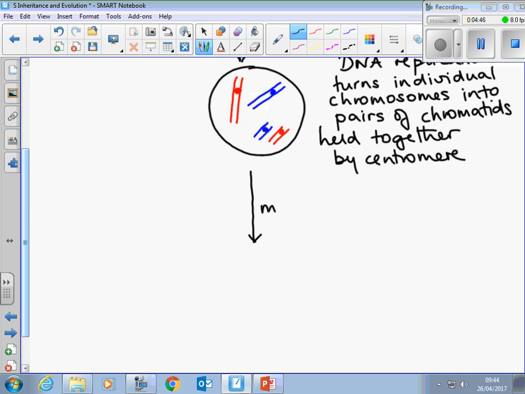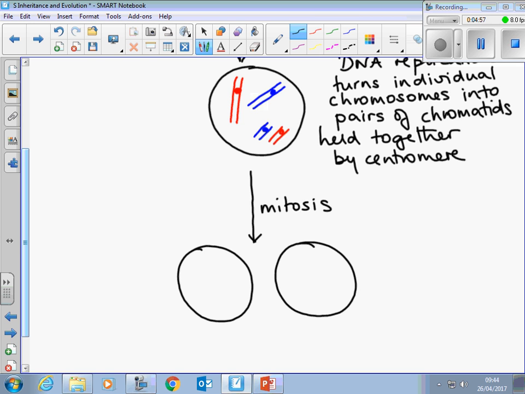This is the actual mitosis, and that results in the production of two cells, which initially, of course, will be half the volume of the original, but they'll have an identical set of chromosomes to the parent cell. Actually, the long ones have got shorter and the short ones have got longer there. All right, so we have two identical daughter cells.